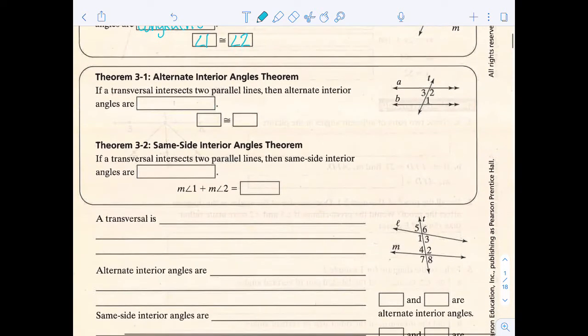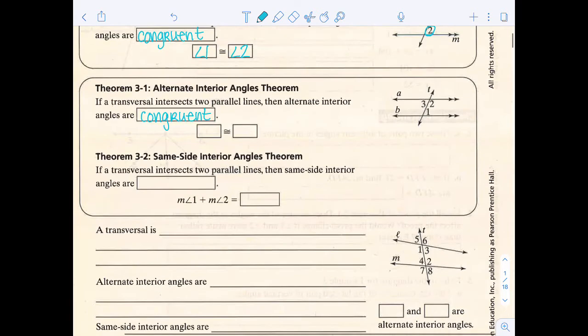All right, Theorem 3.1 is the Alternate Interior Angles Theorem. If a transversal intersects two parallel lines, then alternate interior angles are congruent. So this one is exactly what the words mean. Alternate means opposite sides, interior means inside.